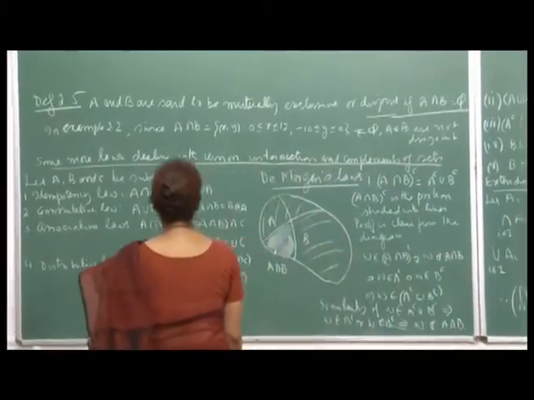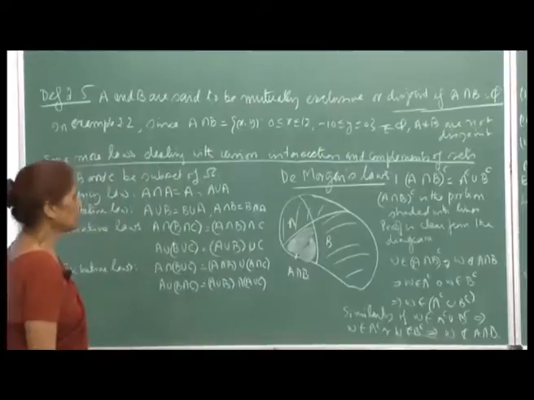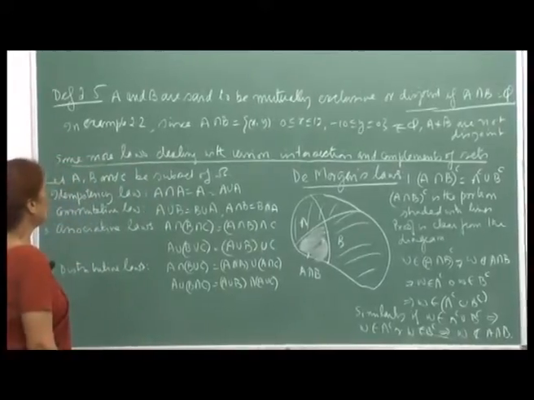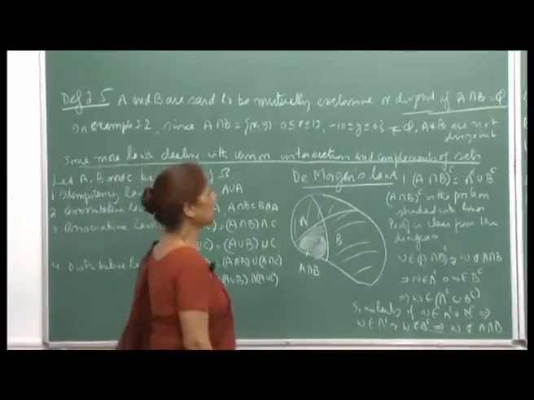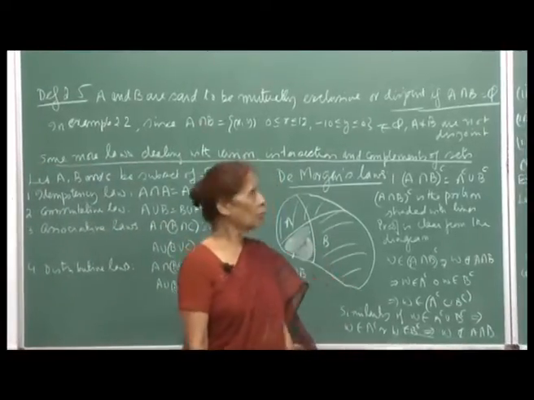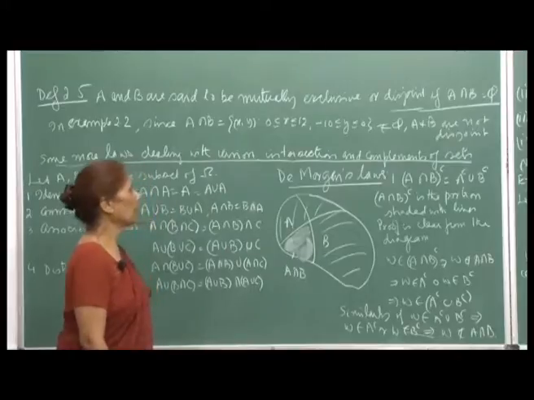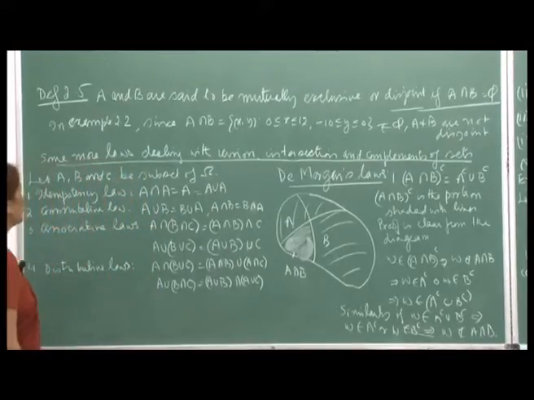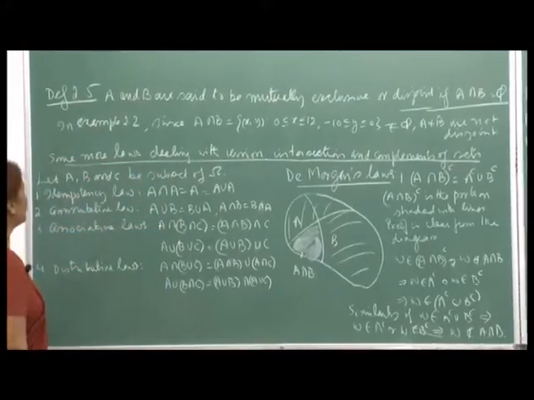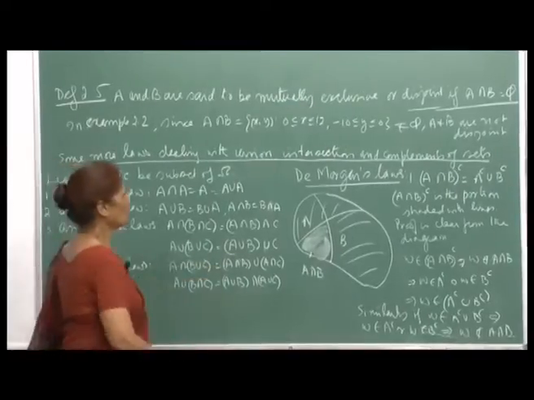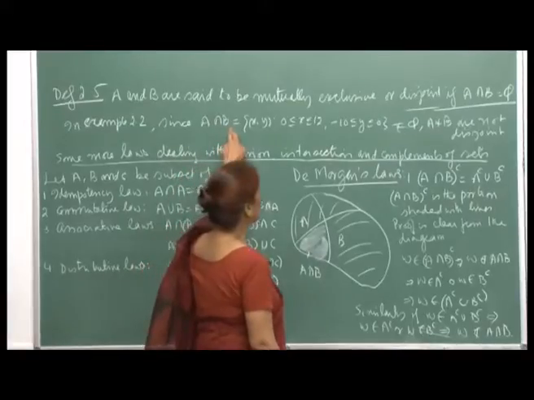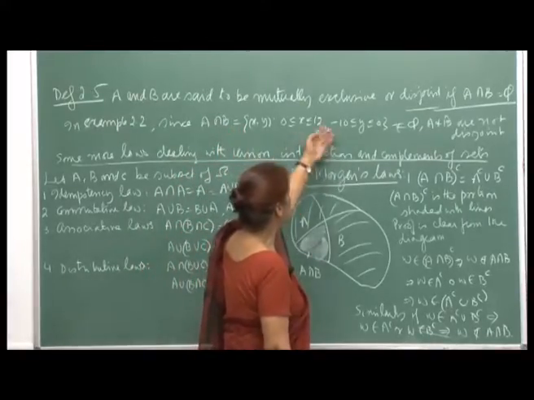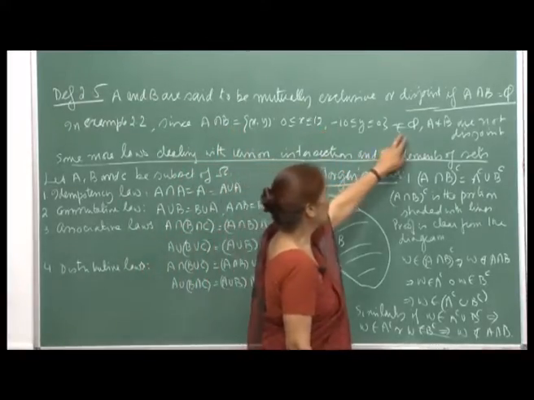So, now let me continue with the definitions and with the basic concepts of set theory. A and B are said to be mutually exclusive or disjoint if A intersection B is empty. That means, there are no common elements in A and B, fine. So, for example, in the example 2.2 that we just considered, the subset of R2, you see A intersection B is actually this set which has so many points, and so it is not empty.